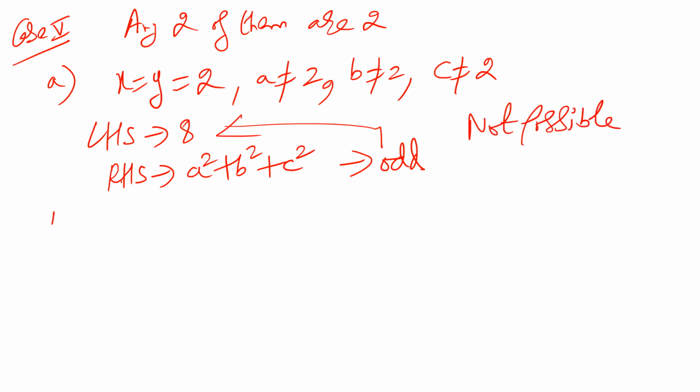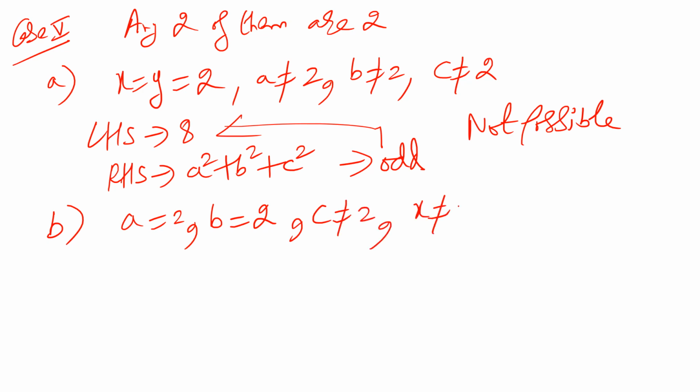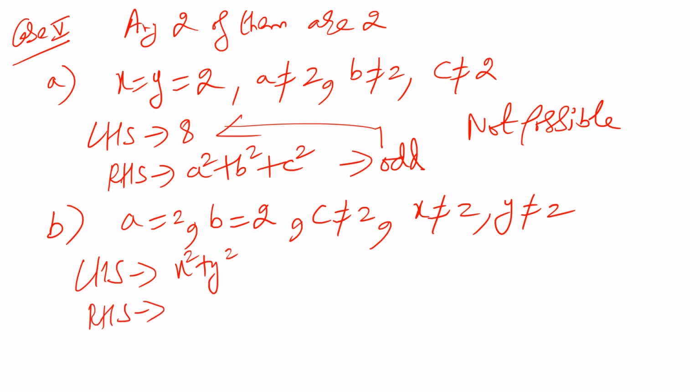right? And the next subcase can be A equal to 2, B equal to 2. That is, two terms on the right hand side are 2, and rest all of them are not equal to 2. Now here LHS becomes X square plus Y square, whereas RHS becomes 8 plus C square.